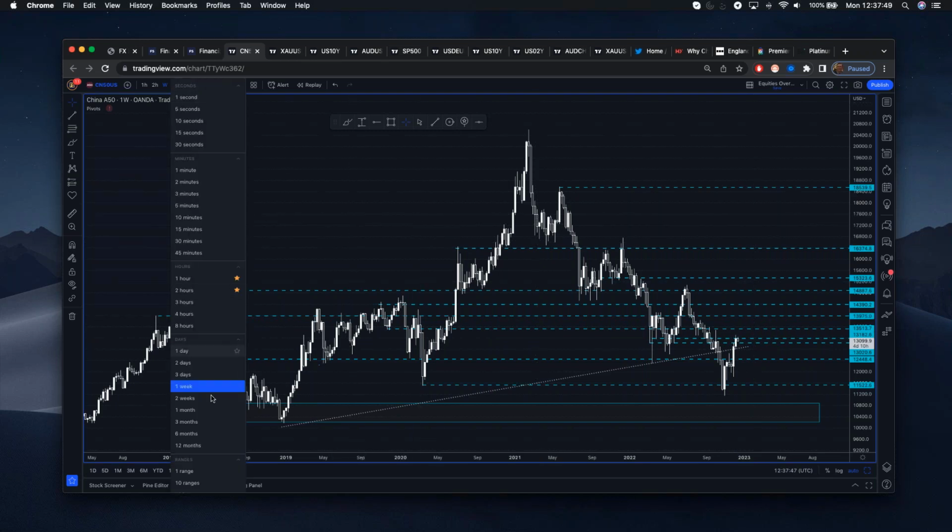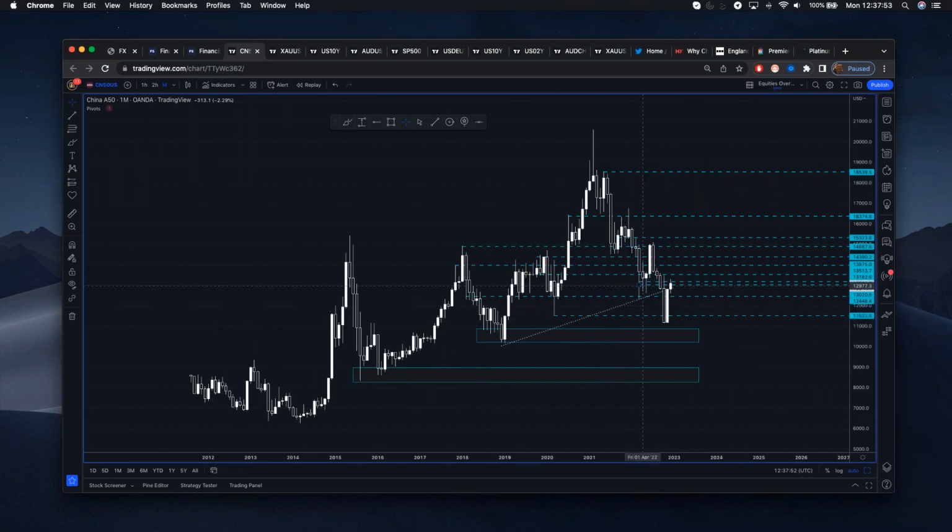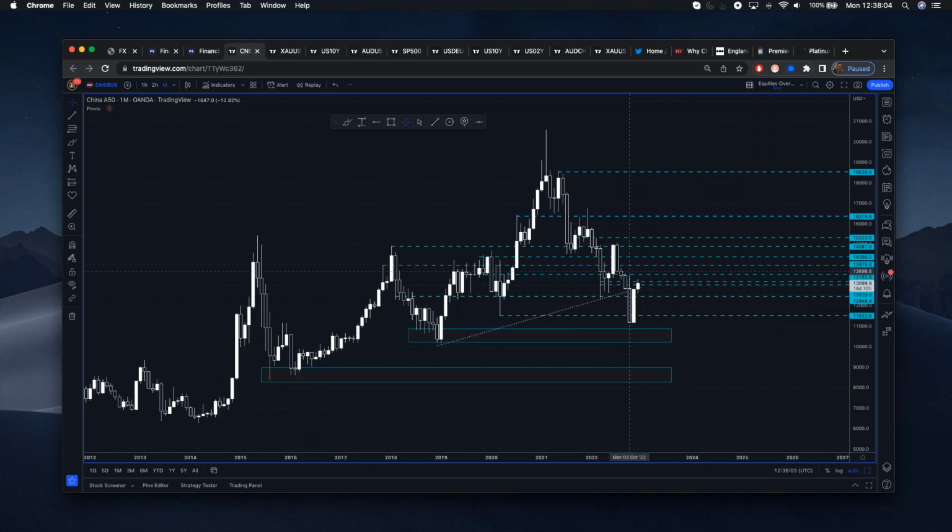And if you look at China's 50 from a medium-term perspective, you've got this 2-bar reversal on the monthly chart, which is basically a hammer reversal bar if you looked at it on a 2-month candlestick chart, and the rejection of those lower prices.